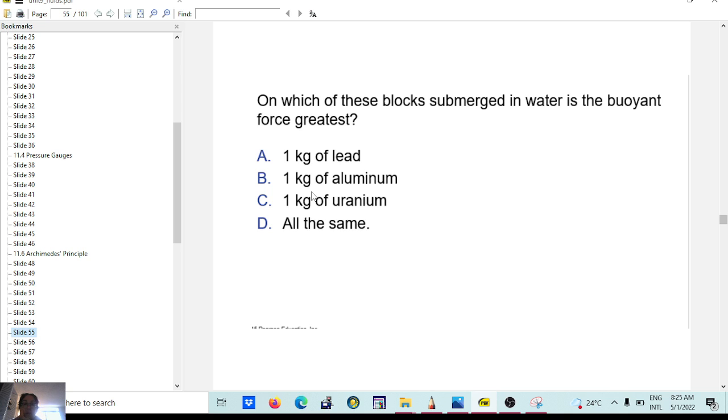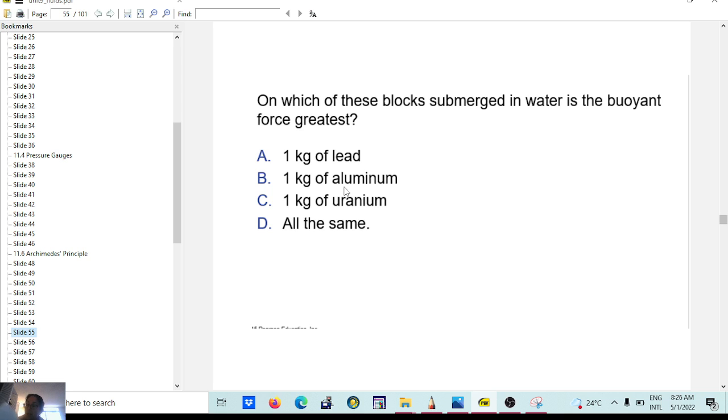And the greatest volume, if the mass is the same, will be for the smaller density. Okay, if you have a small density, it's going to take more volume for the same mass. In that case, it's going to be the aluminium. Okay, density is mass divided by volume. So if you have a smaller density, you need to have a bigger volume.